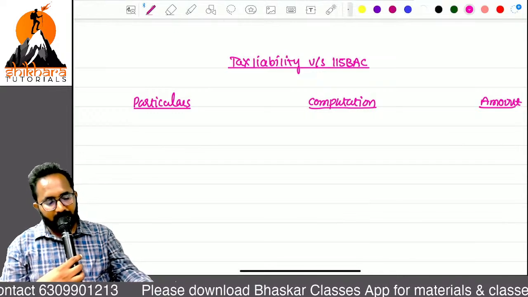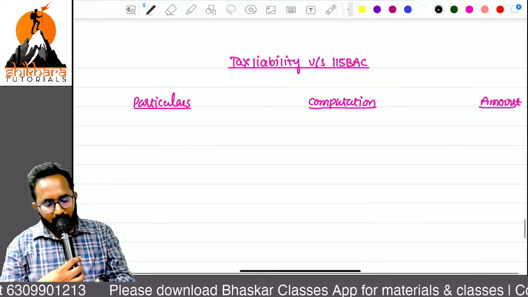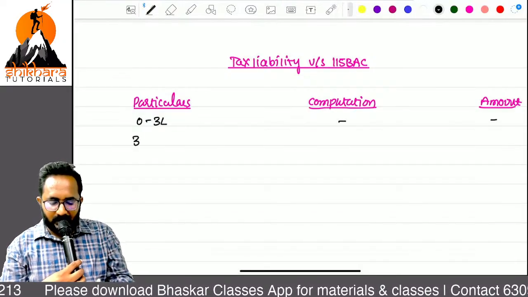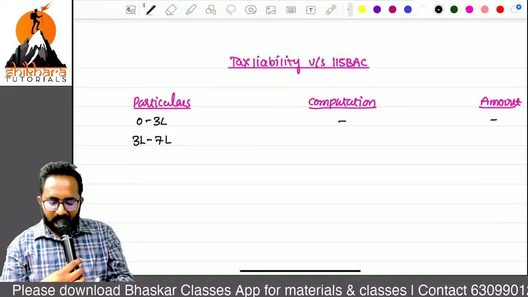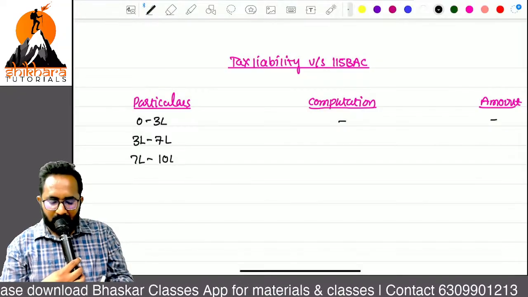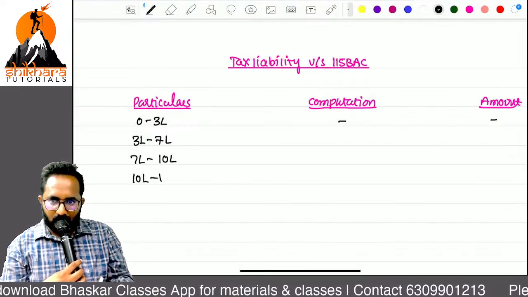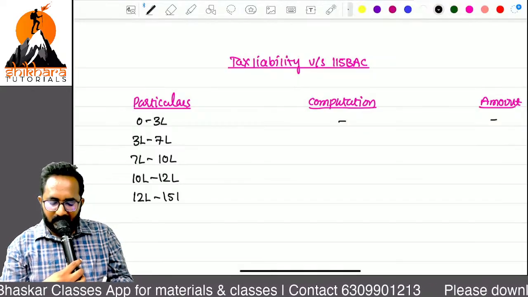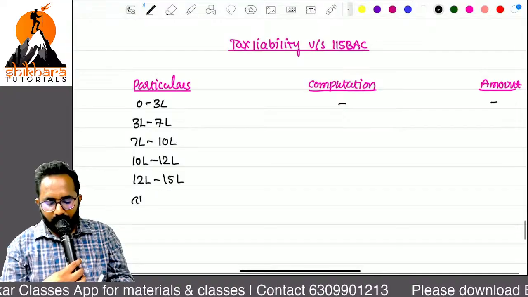Don't forget the slab rates. 0 to 3 lakh, how much? Nil. 3 lakh to 7 lakh, 7 lakh to 10 lakh, 10 lakh to 12 lakh, 12 lakh to 15 lakh, above 15 lakh.